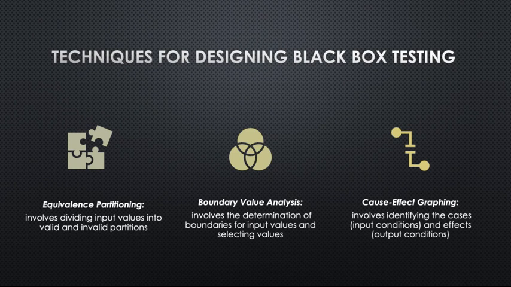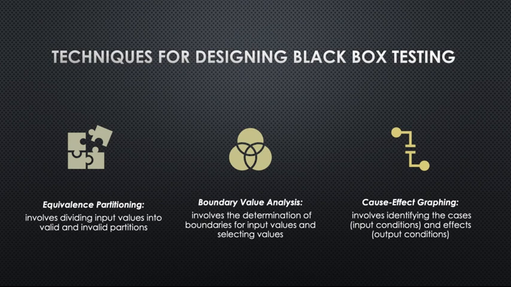What are the techniques for designing black box testing? Equivalence partitioning, boundary value analysis, and cause-effect graphing are examples. Equivalence partitioning is a software test design technique that involves dividing input values into valid and invalid partitions and selecting representative values from each partition as test data.